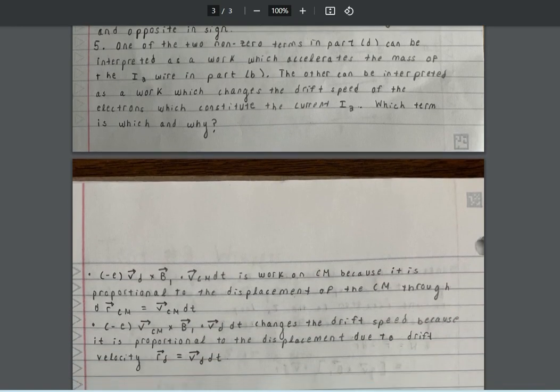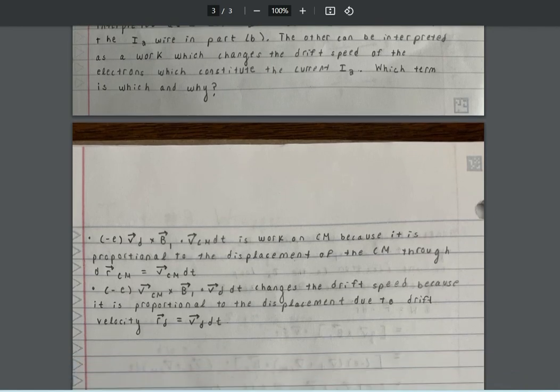So the final question asks, one of the two non-zero terms in part D can be interpreted as a work which accelerates the mass of the I2 wire in part B. The other can be interpreted as a work which changes the drift speed of the electrons, which constitutes the current I2. So we're trying to find which term is which and why.